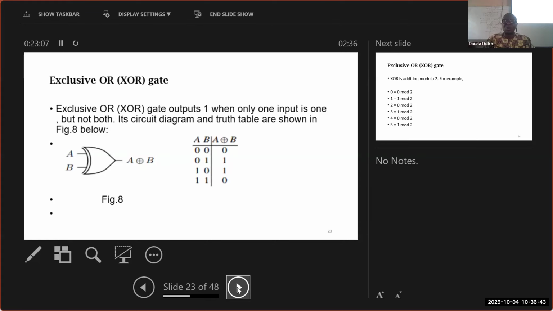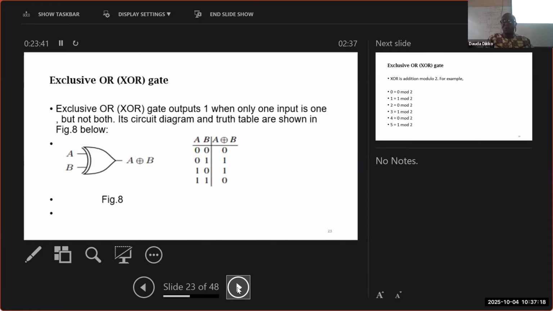Then we also have what is called the exclusive OR gate, represented by XOR. The XOR gate outputs 1 when only one input is 1, but not both. So if you have the 2 inputs as 1, the output is 0. And if you have the 2 inputs as 0, when they are the same, it has a 0 as well.